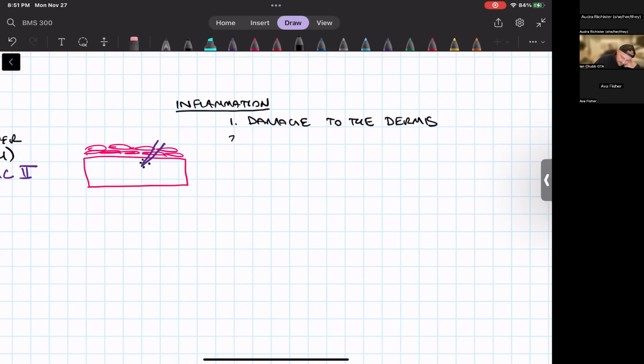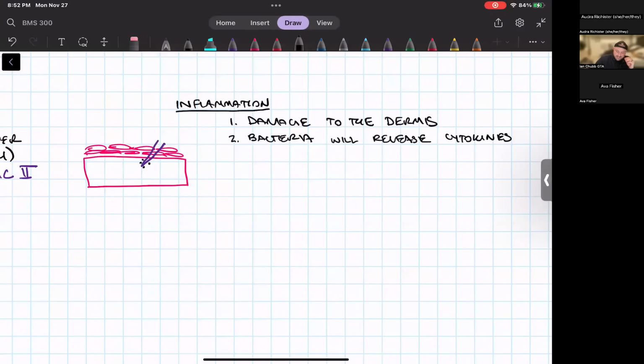From there, bacteria will release cytokines. So some of the bacteria itself will release cytokines into that area.